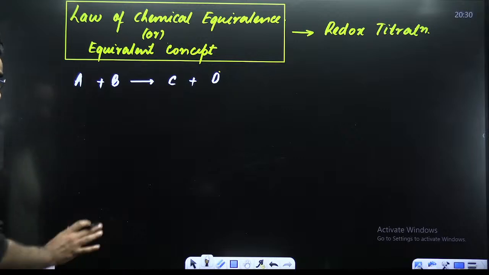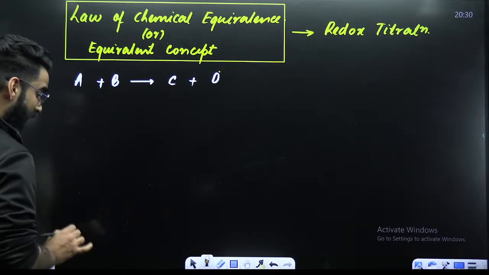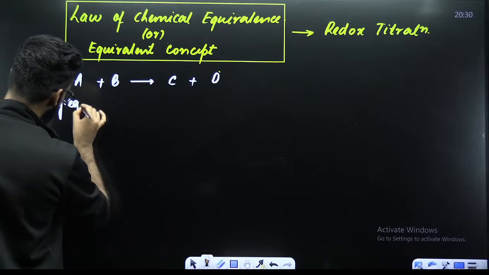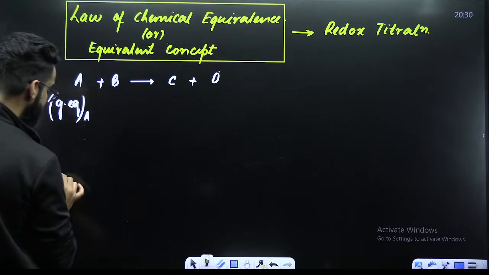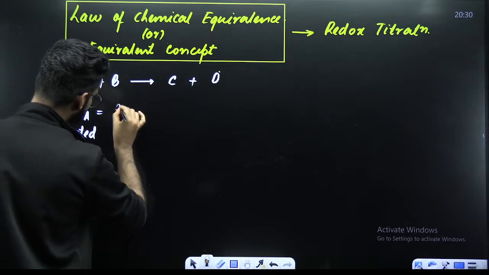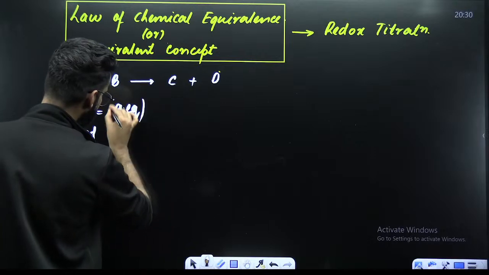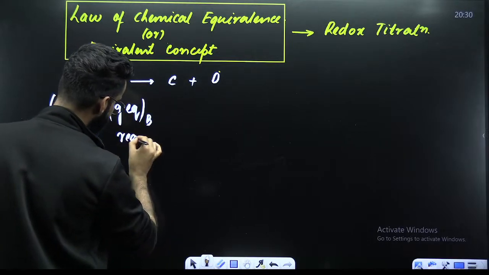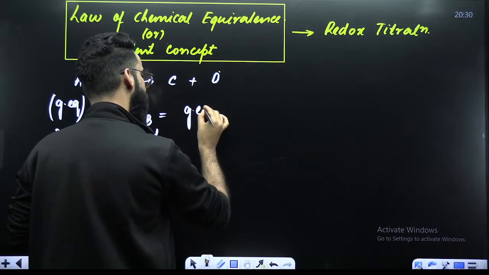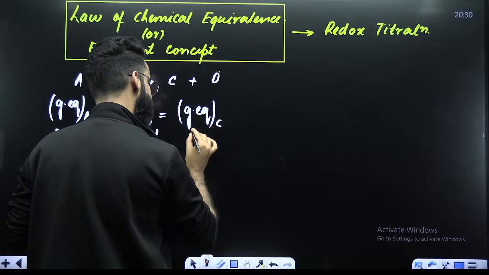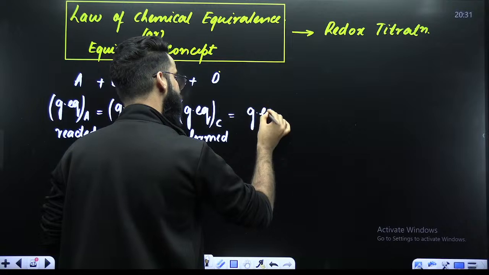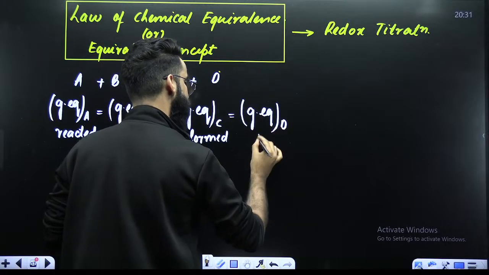Now, the law of equivalence says that the gram equivalence of A reacted in the reaction will always be equal to the gram equivalence of B reacted, which will be equal to the gram equivalence of C formed, which will also be equal to the gram equivalence of D formed.